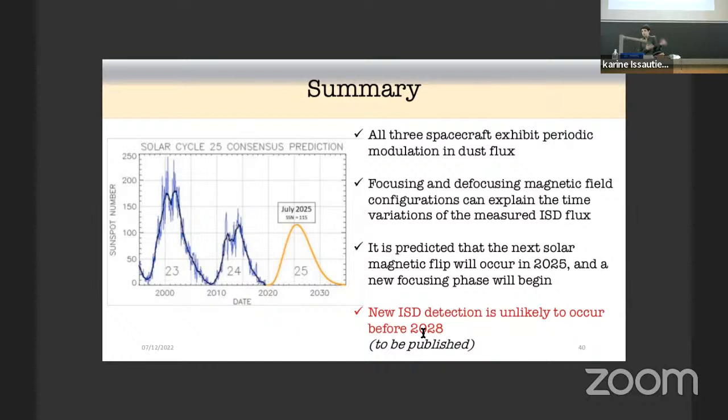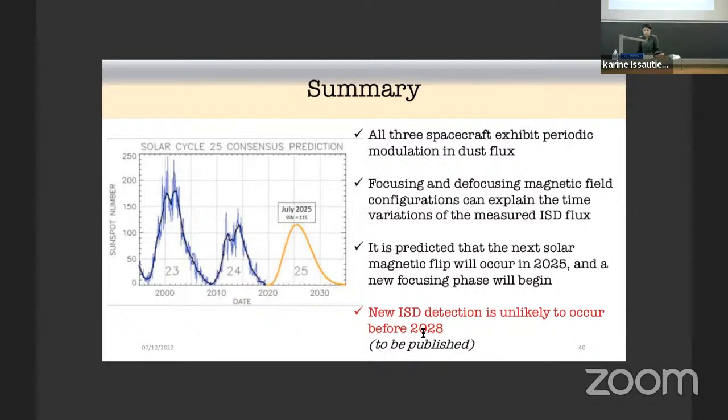And so according to this, we can probably say that if the next flip of the solar magnetic field is in 2025, we should probably expect more interstellar dust in 2028. But really, this is something that would be interesting to go into further and deeper.